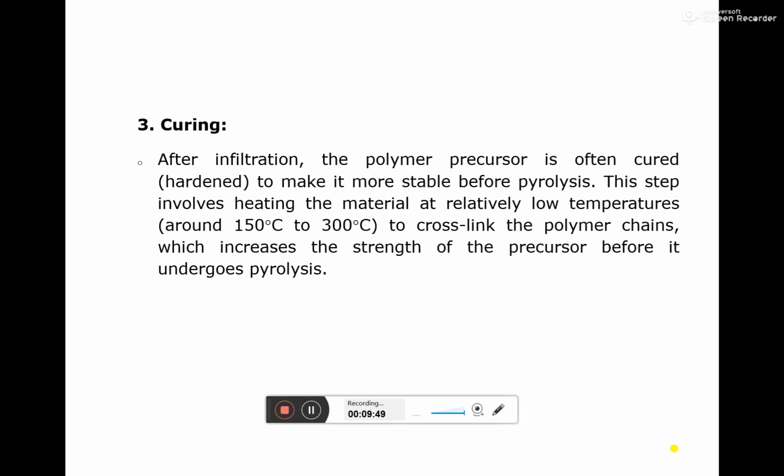This step mainly involves heating the material to temperatures around 150 to 300 degrees centigrade. Why do we heat to this temperature? To cross link the polymer chains, which increases the strength of the precursor before it undergoes the pyrolysis process.